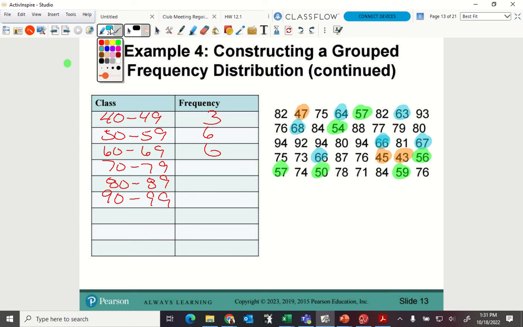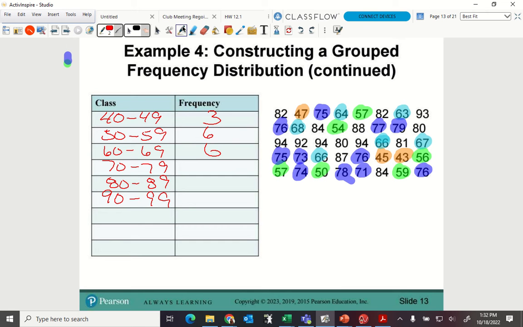Next one is going to be in the 70 range. 1, 2, 3, 4, 5, 6, 7, 8, 9, 10, 11. Did you guys come up with 11? Yeah?